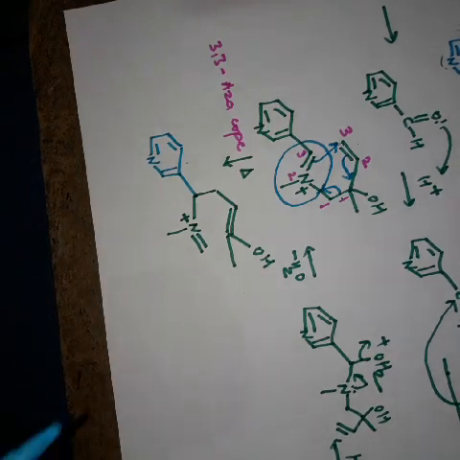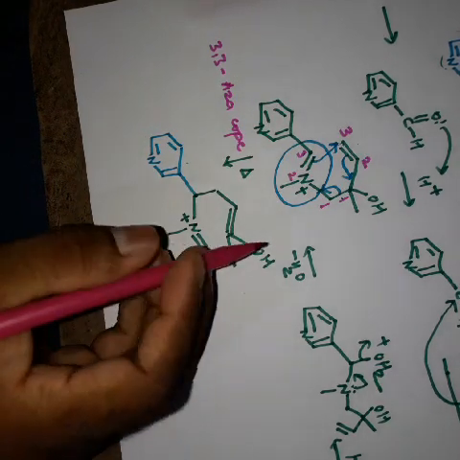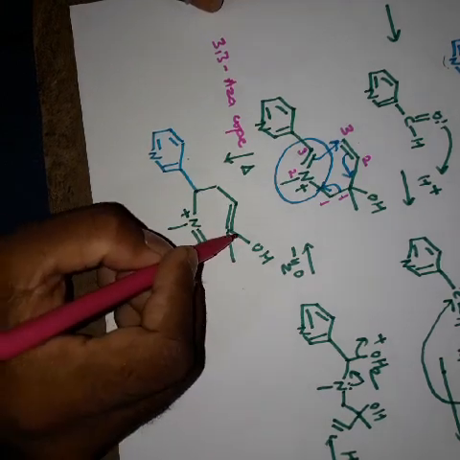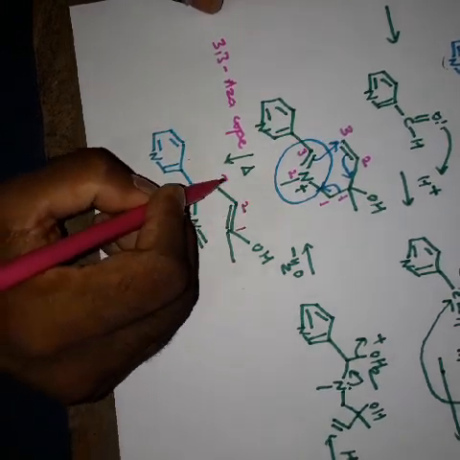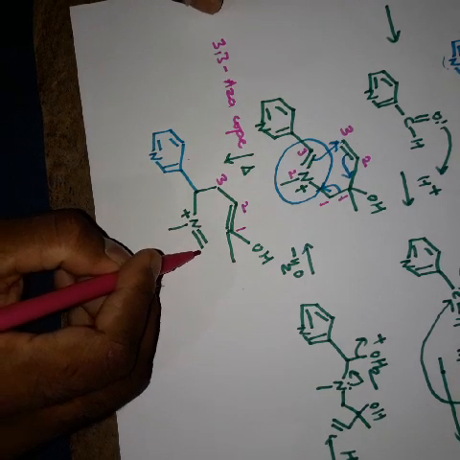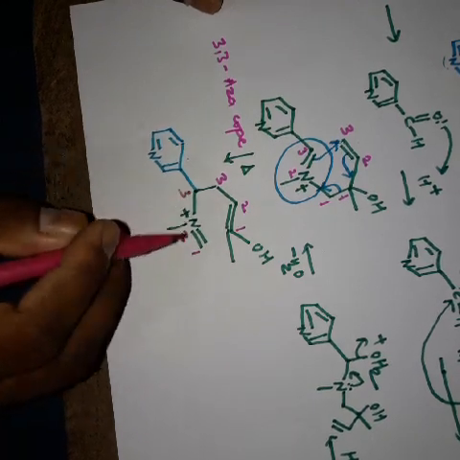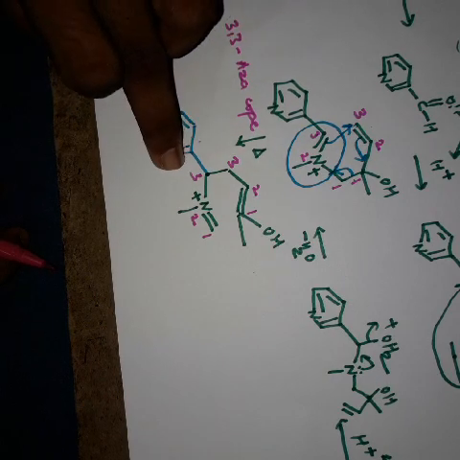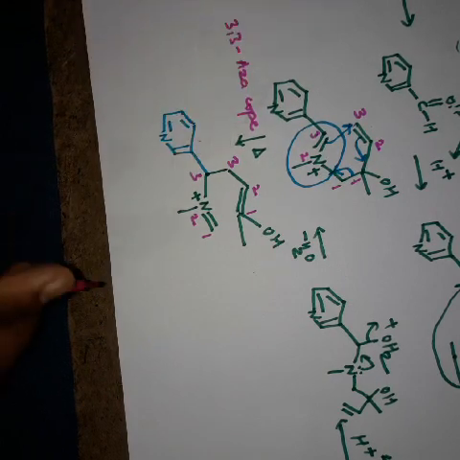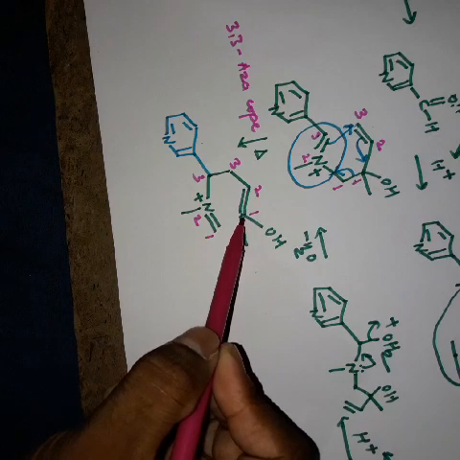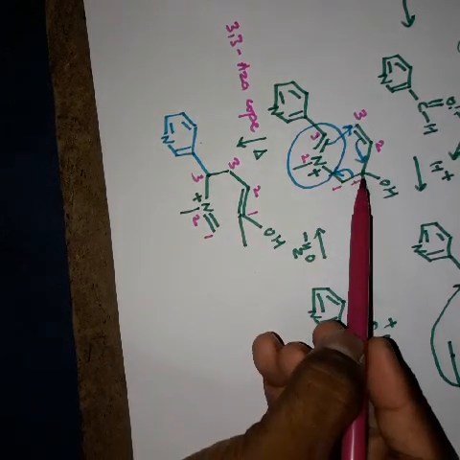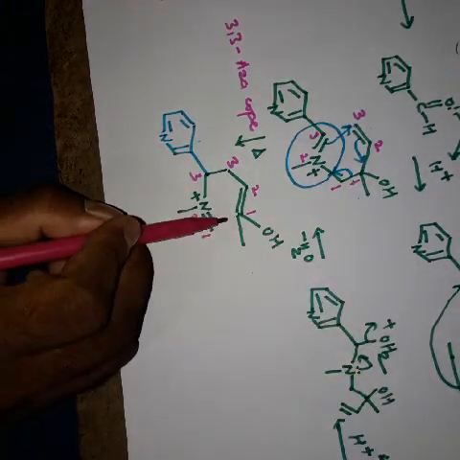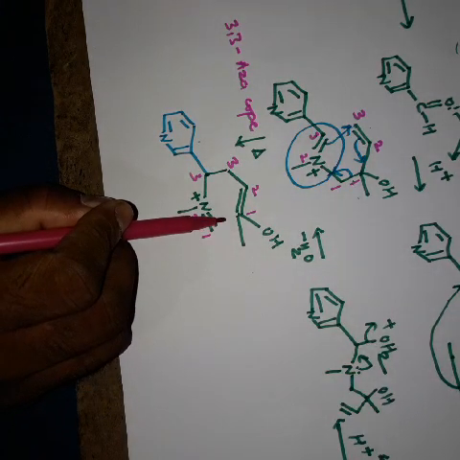Now I am writing the numbers. Now you can see clearly which bond gets broken and which bond gets formed. So this is our first, second, third. This is our first, second, and third. Now you can see clearly that between this 3 and this 3 a bond has been formed, and the bond which was earlier there between 1 and 1 has been broken.